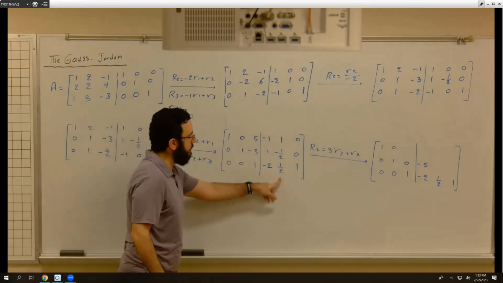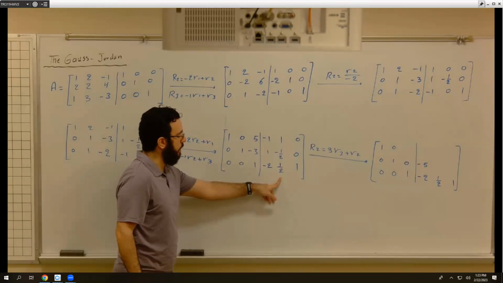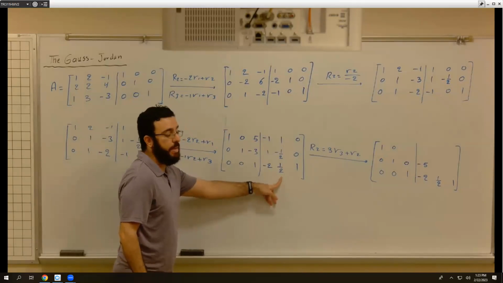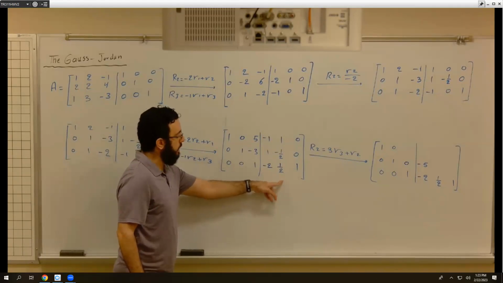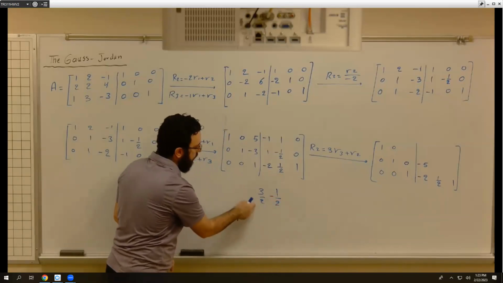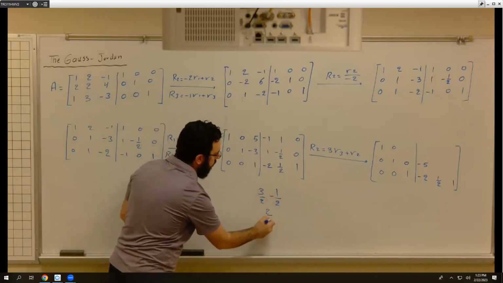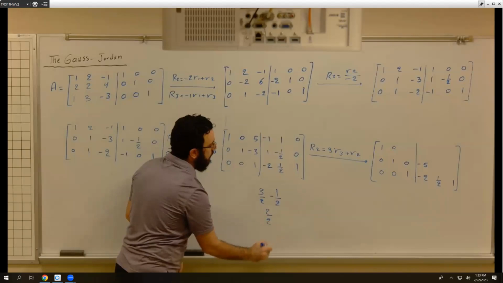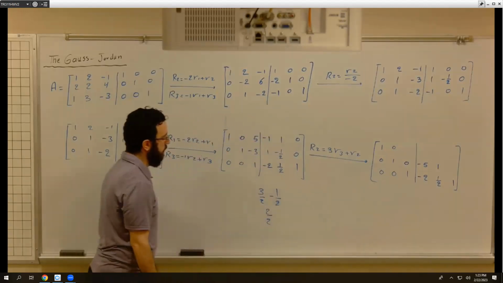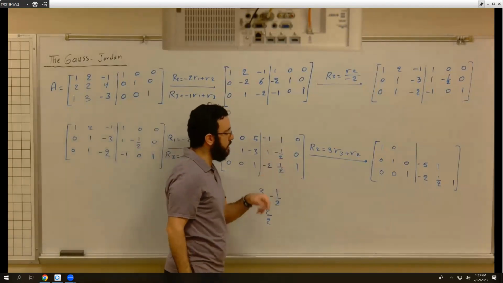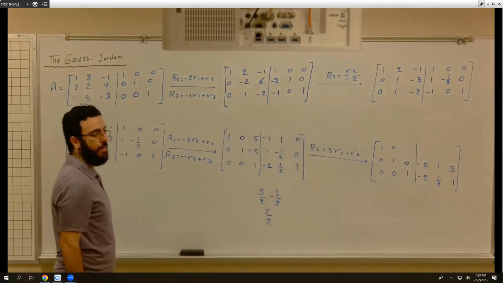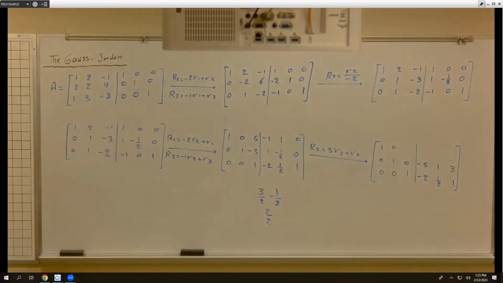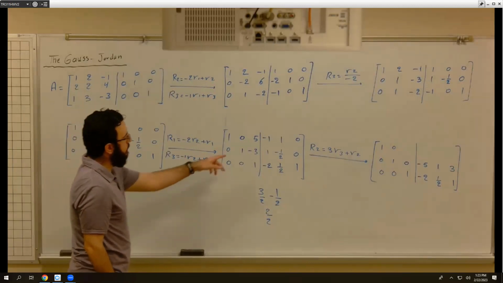And 3 times half is going to be 3 over 2. 3 over 2 minus half is going to be 2 over 2, which is 1. So here is 1. 3 times 1 plus 0 is going to be 3. Last operation, we need to convert this number to 0.